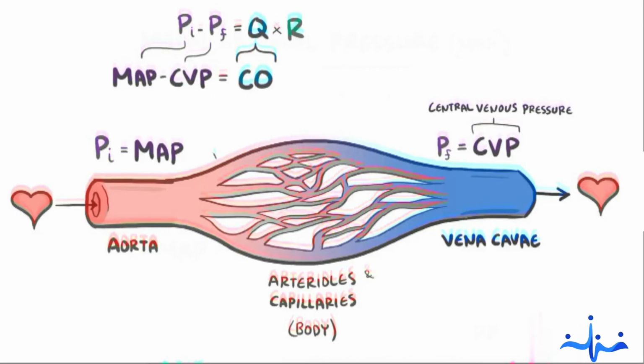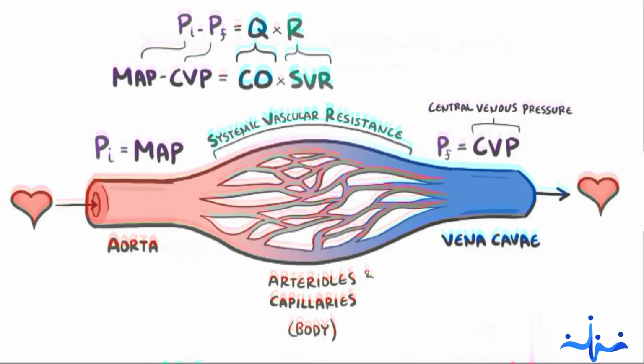And finally, the combined resistance of all the blood vessels of the systemic circulation is called the systemic vascular resistance, or the SVR. So the equation is mean arterial pressure minus central venous pressure equals cardiac output times systemic vascular resistance. Now, central venous pressure is usually a small number, so it's often ignored, and the equation is simplified to mean arterial pressure equals cardiac output times systemic vascular resistance.